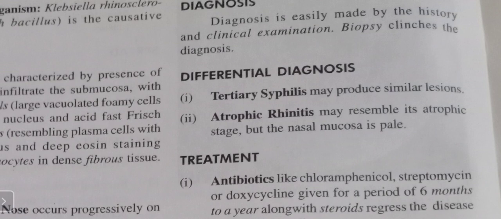Okay. In atrophic stage of rhinoscleroma, the nasal mucosa is pink, while in atrophic rhinitis, the nasal mucosa is pale. That is the differentiating point.